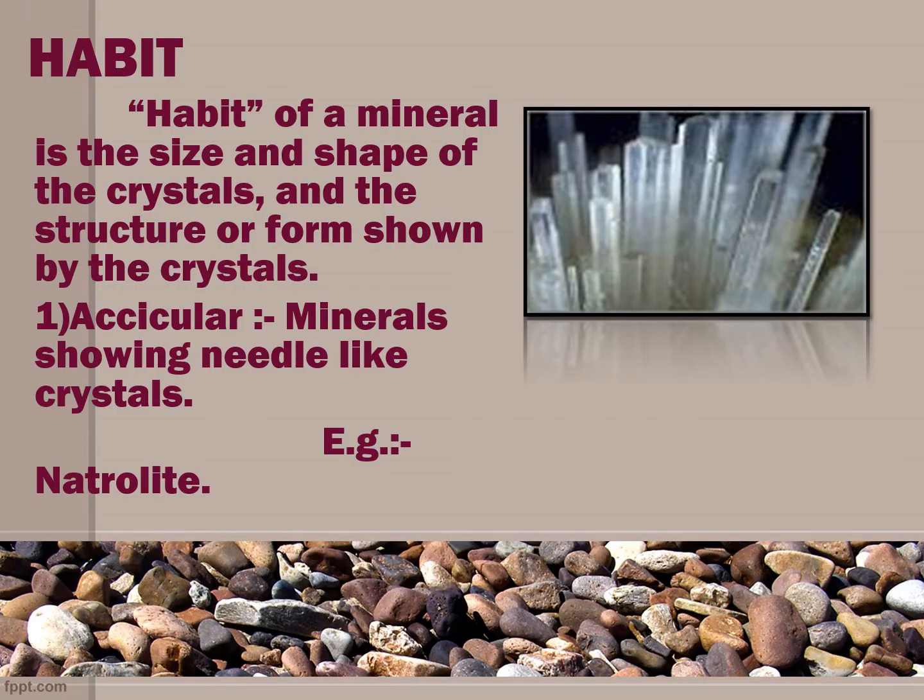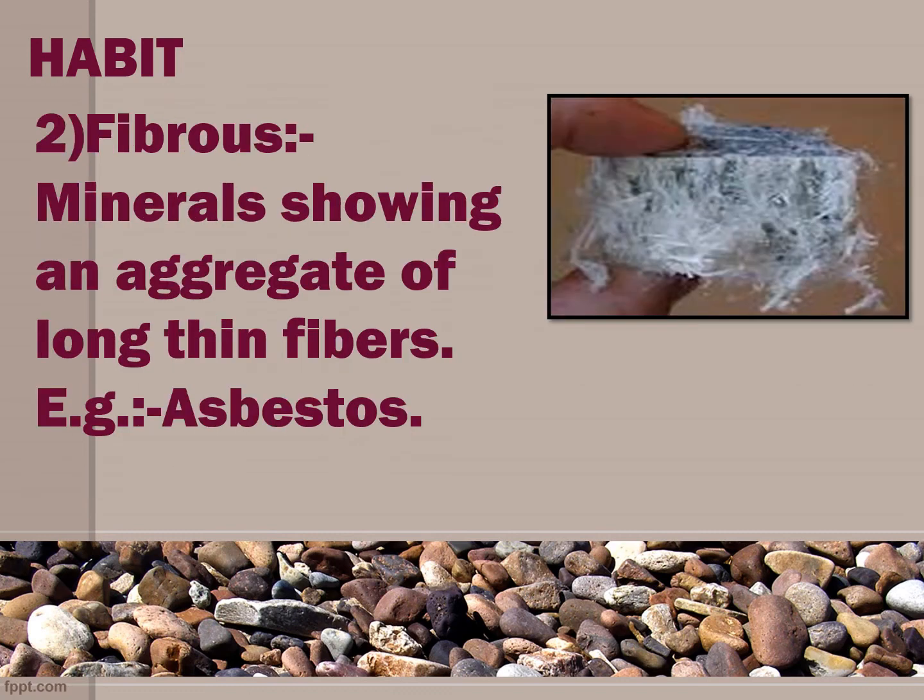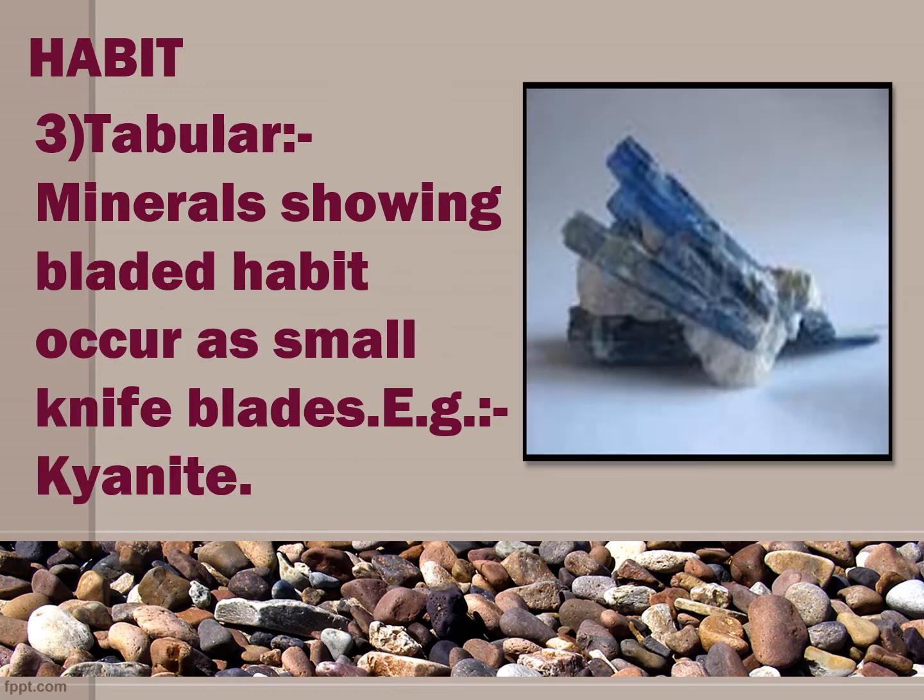The habit of minerals is the size and shape of the crystal and the structure or form shown by the crystal. We have your acicular minerals showing needle-like crystals. We have your fibrous such as your asbestos, may mga fibers. Your tabular minerals showing bladed habit occur as small knife blades, may mga parang small knife blade like na itsura.